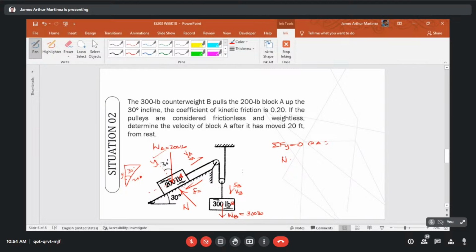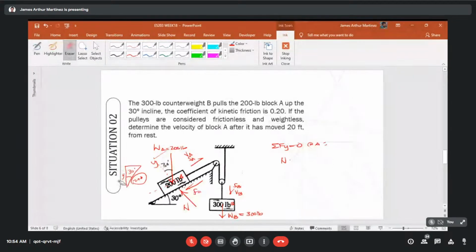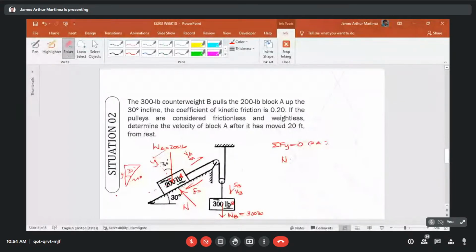So that is the adjacent and the hypotenuse. From SOHCAHTOA, it is the cosine function: cosine 30 degrees is equal to the adjacent over the hypotenuse, 200. Therefore, the y component of the 200-pound weight is 200 times cosine of 30 degrees.